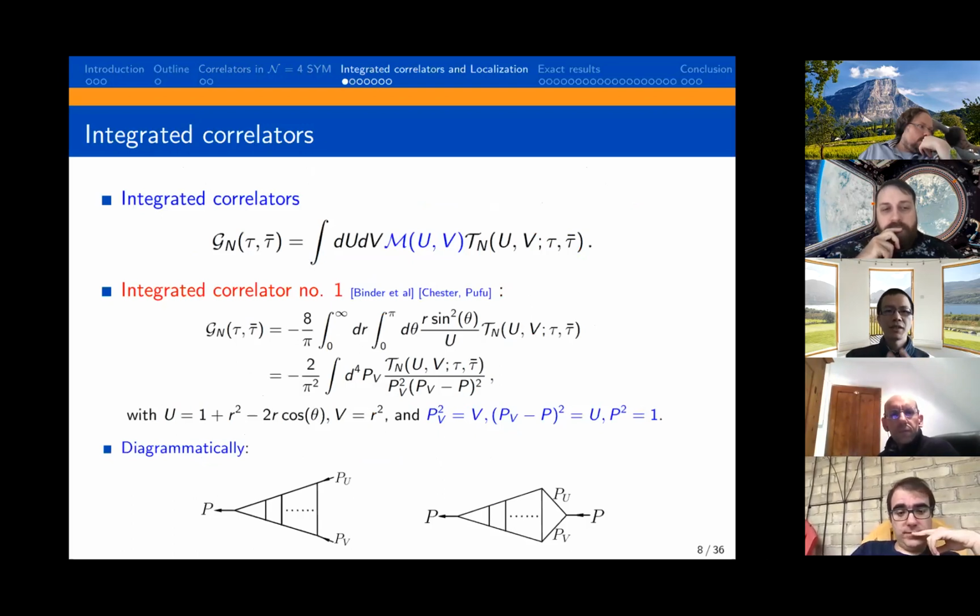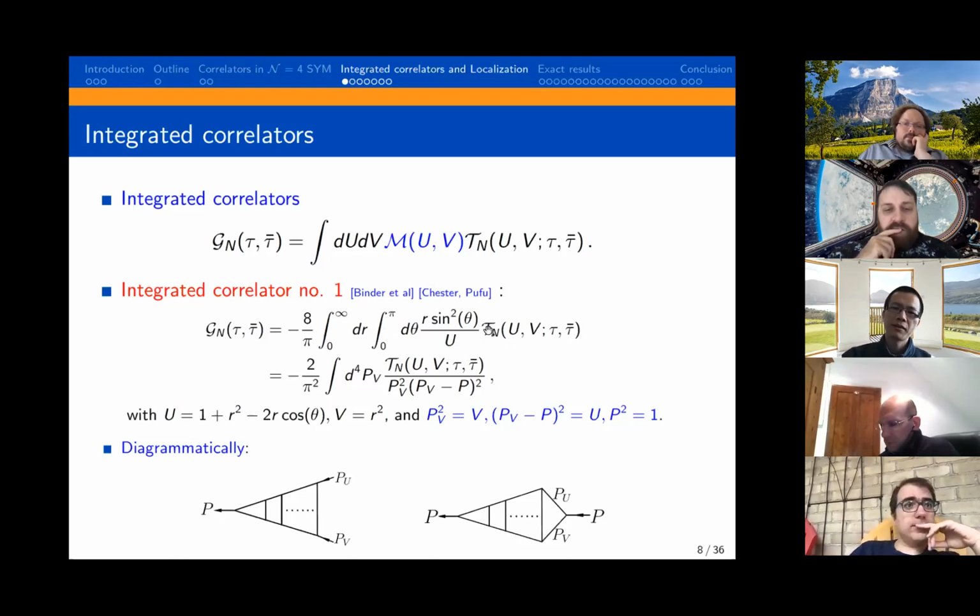Just given the name, integrated correlator: you have the correlator, this object, which is a function of cross ratios and the couplings, and depends on the rank of the gauge group. You integrate it over some measure. Of course, a random choice of the measure will not help you. For instance, if we choose this to be 1, this integral, I think, is not well defined. It's divergent.